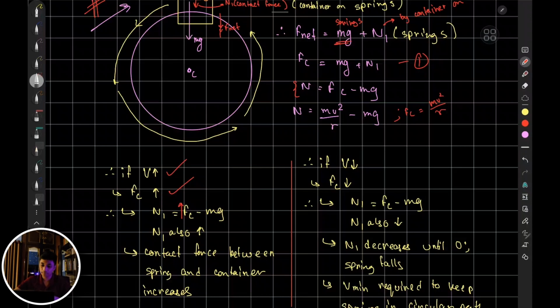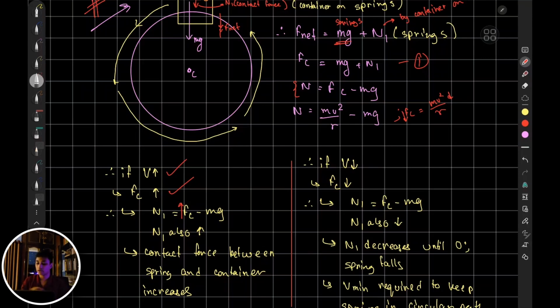Fair enough. If we look into another example, say I don't have much strength and I'm going to decrease the tangential velocity. What happens in that case? If I do decrease the tangential velocity, v squared decreases, so we can say Fc or centripetal force decreases as well.